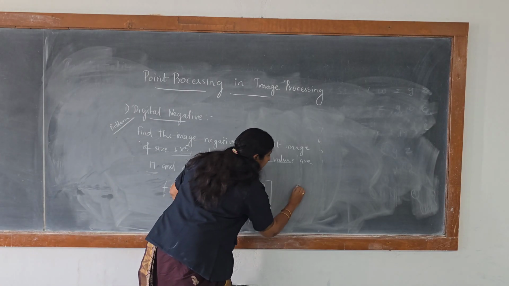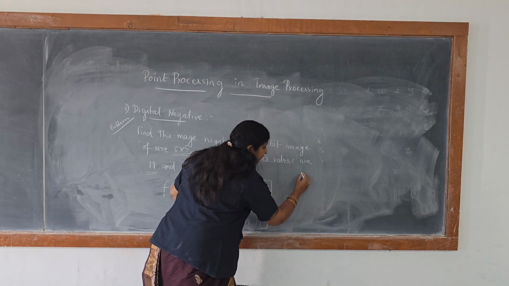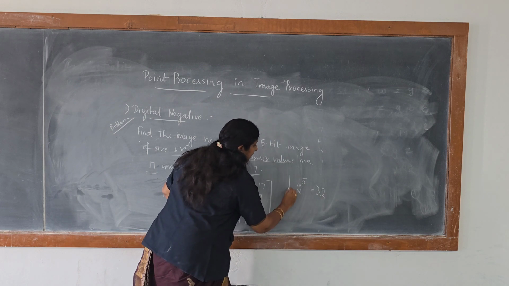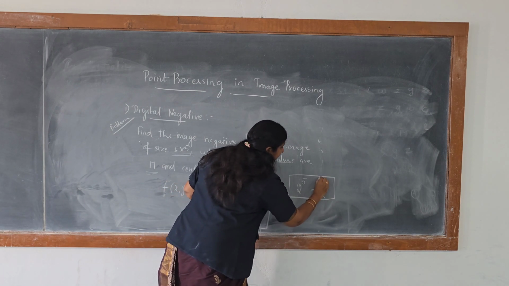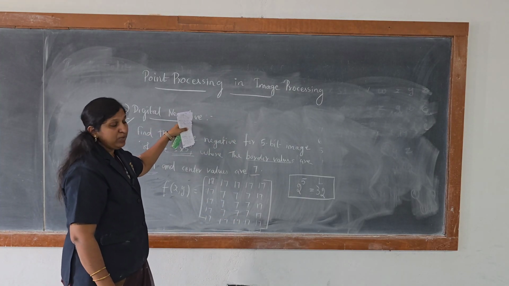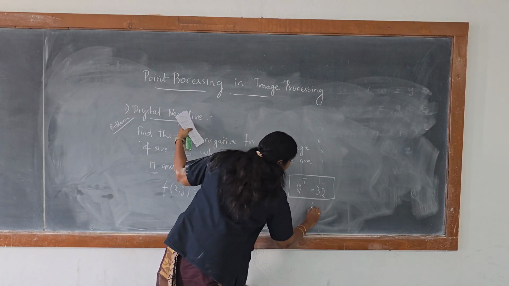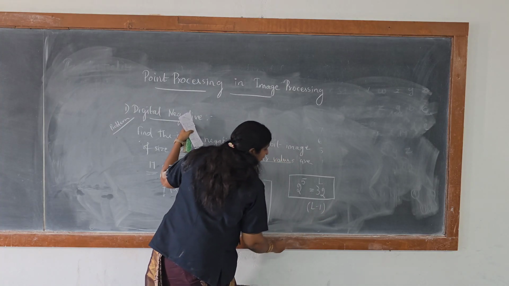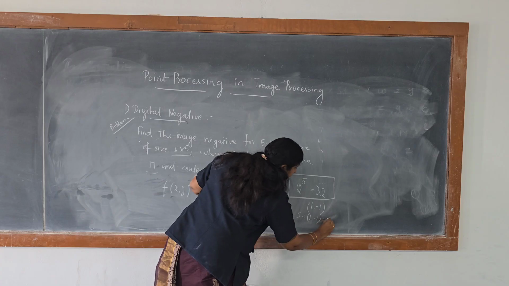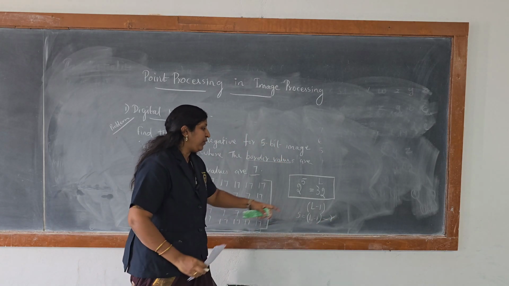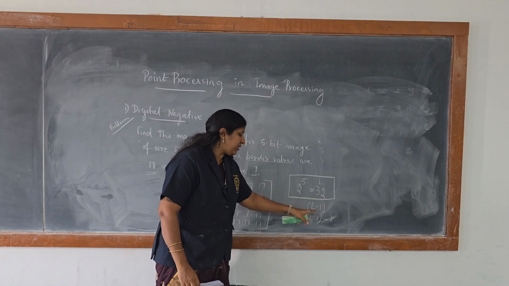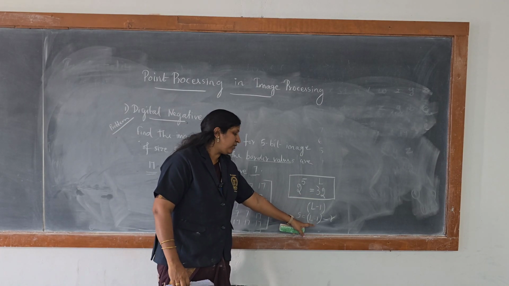So, 2 power 5 is equal to 32. Okay. So, we are taking this relation to find the L value. So, in digital negative, we need L minus 1 value because the relation is S is equal to L minus 1 minus R. Okay. So, if you know L value, we can calculate L minus 1. So, L value is 32 here and L minus 1 value is 31.